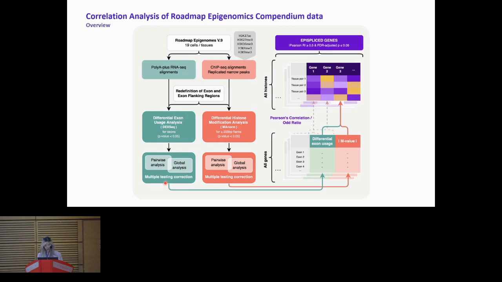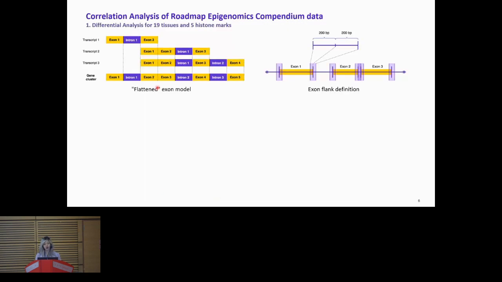I will go directly into the details of the steps that we have done. First of all, we define a flattened exon model, which gives us unique statistics for each exon region if the transcripts overlap.